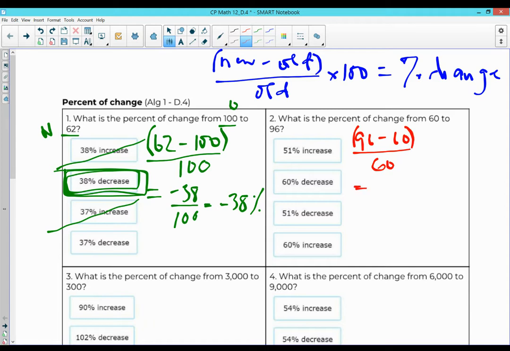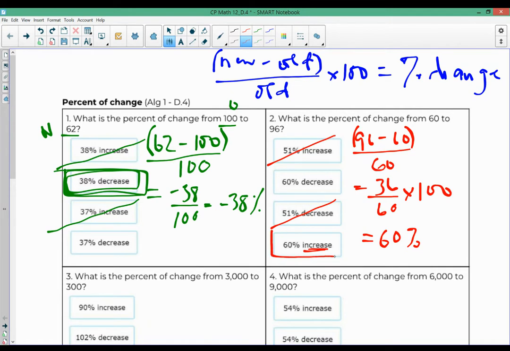Okay, so that'll give me 36 over 60 times 100. 36 divided by 60 times 100 is 60%. Okay, so these both have 60%, but since I went from 60 to 96, I know that that's going to be an increase. So that would be a 60% increase.